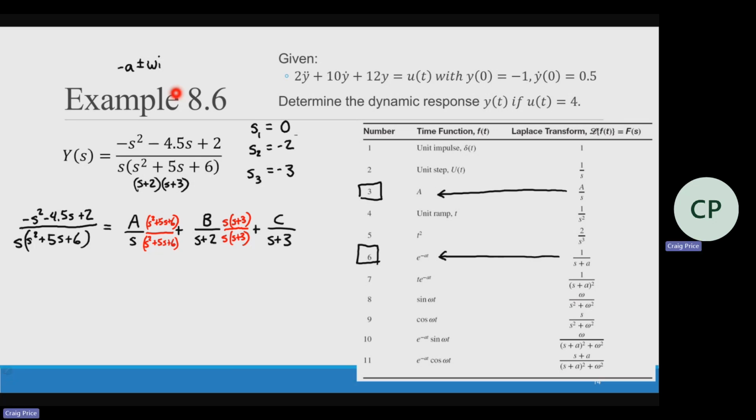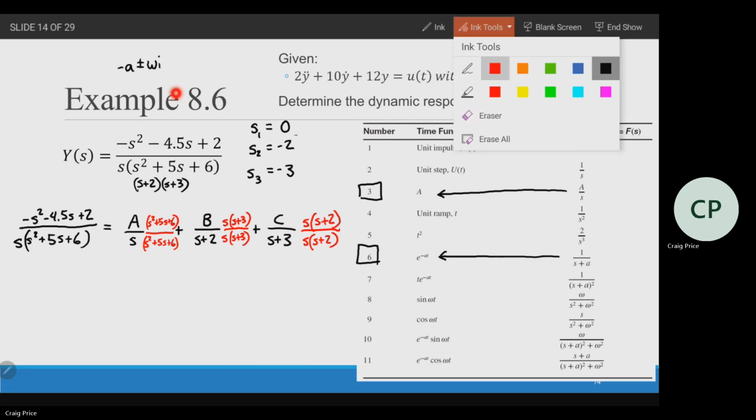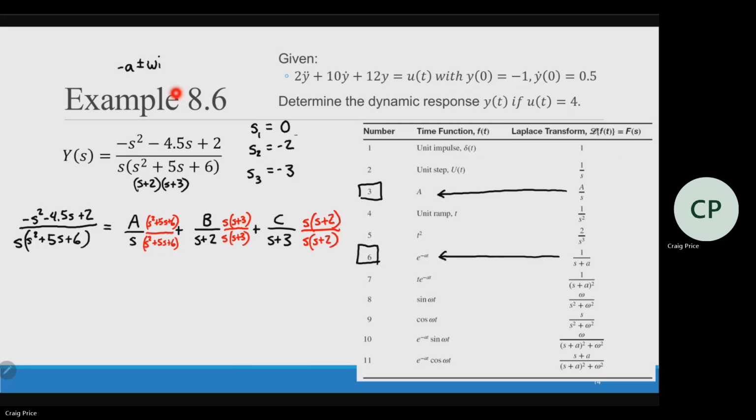This also has the same denominator. And then lastly, c is going to have to be multiplied by s times s plus 2. And so now I have all matching denominators.